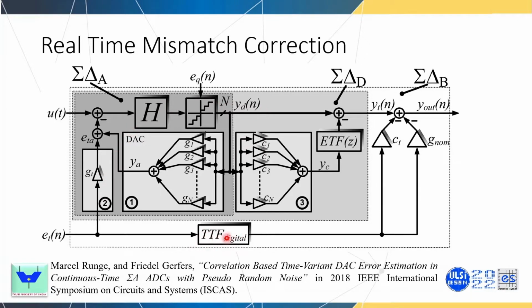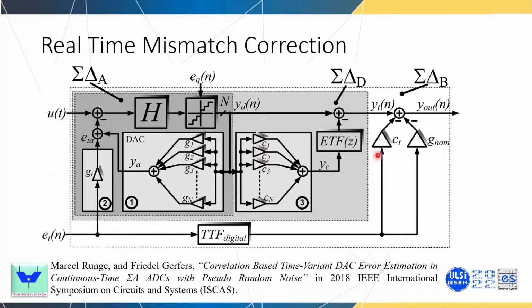So this transfer function is estimated here, and CT is basically a digital equivalent of the GT, and that is used to estimate the magnitude of the DAC elements, and it is plugged into here.